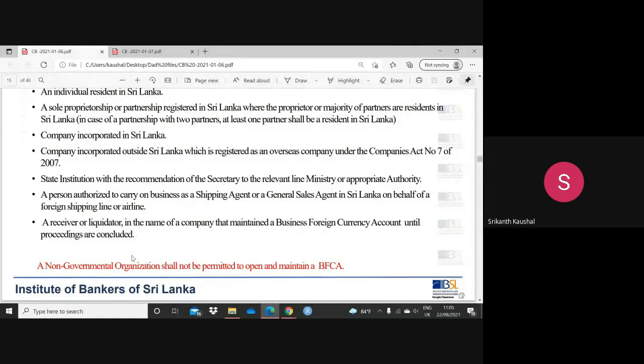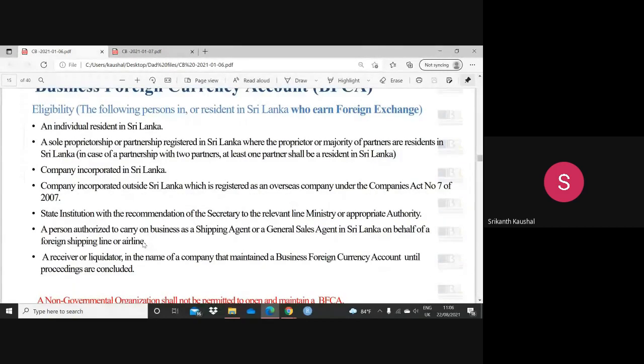Then a non-government organization shall not be permitted. So there are certain entities registered here as an NGO, non-government organization. They can't open because they are not permitted to maintain BSEA. Though they are registered here, they might have the capacity to bring down foreign exchange, but they don't earn.